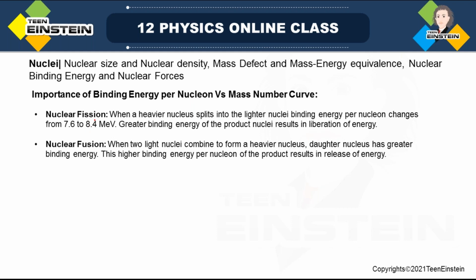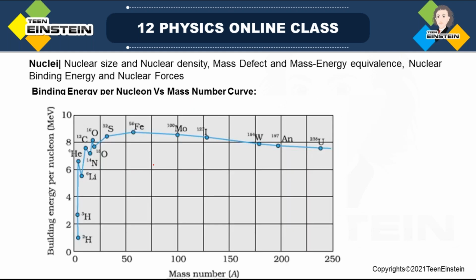From this curve we can explain the origin of the energy released in fission and fusion reactions of nuclei. From this curve itself we can understand how huge an amount of energy is released in the fission reaction.